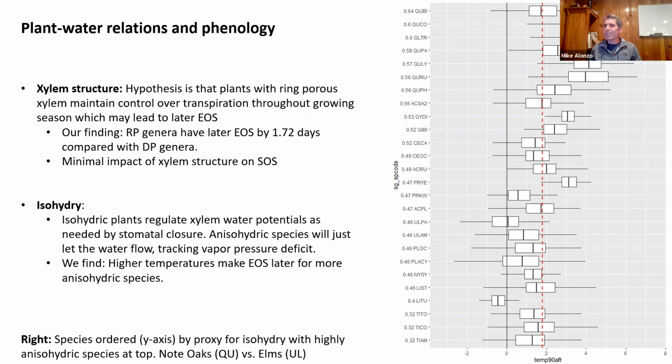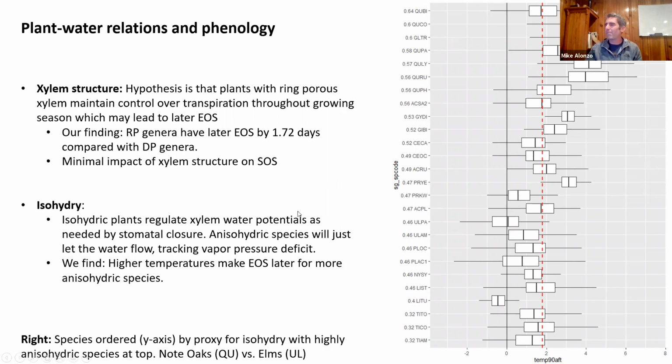The key take home here is that plants with different isohydric or anisohydric tendencies, i.e. those that want to strictly control their water flow versus those who just let the water flow, have different end of season dates and different sensitivities to temperature.